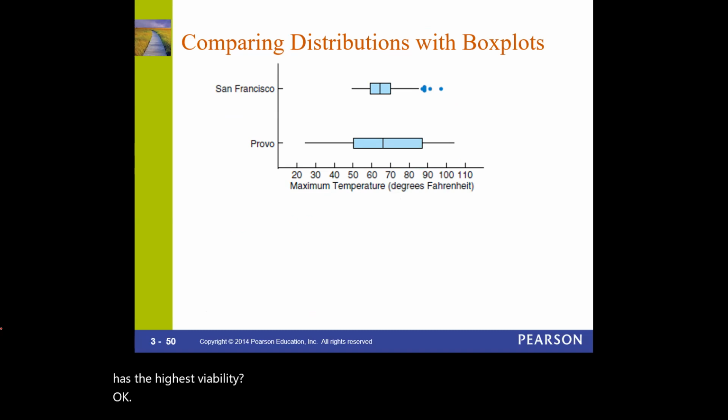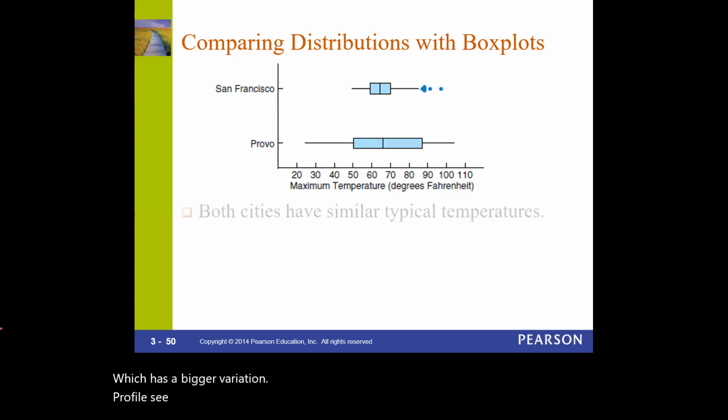So if I ask you a question, which city do you think has a bigger variation in temperature, Provo or San Francisco? Provo.